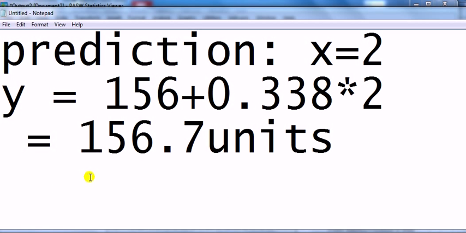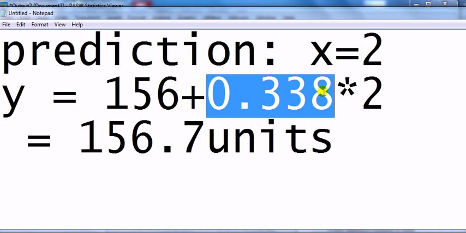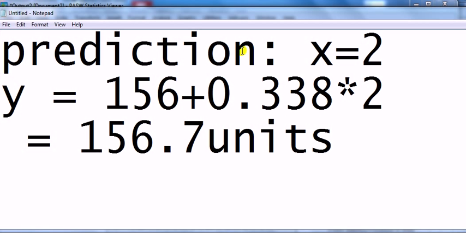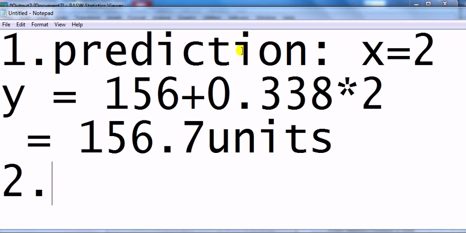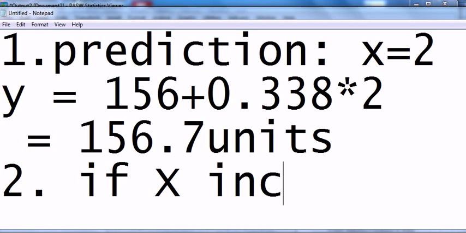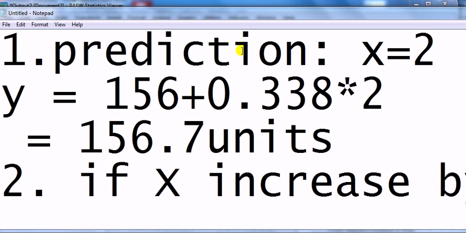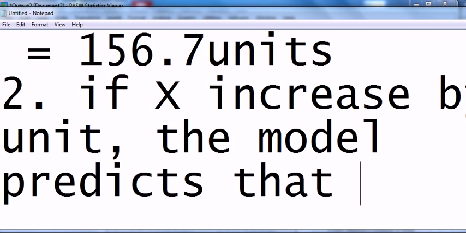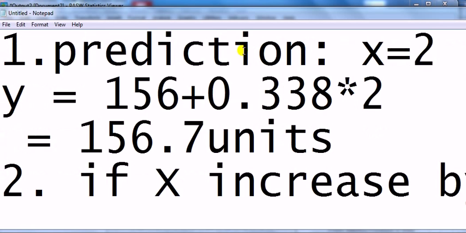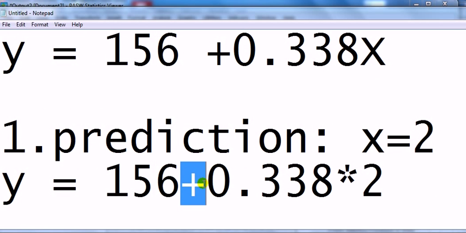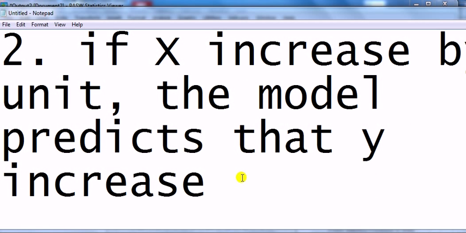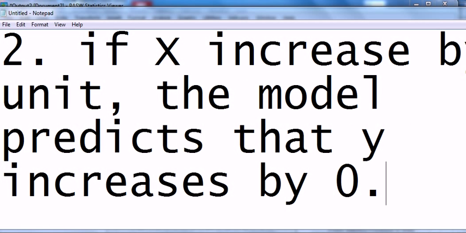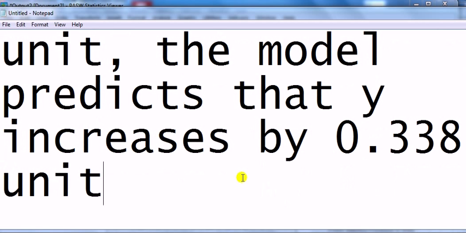What's the interpretation of this slope coefficient, which is another usage of a regression model? If x increases by 1 unit, the model predicts that y increases, because it's a plus on the coefficient on the slope, by 0.338 units.